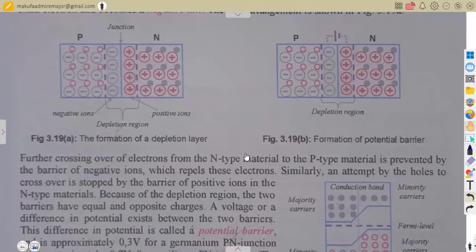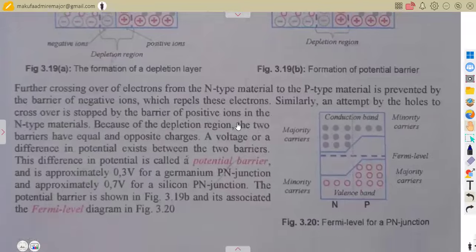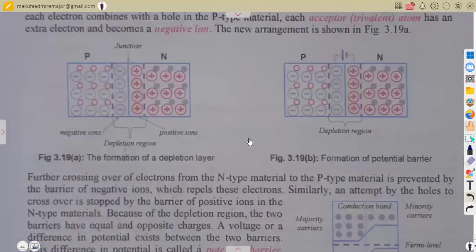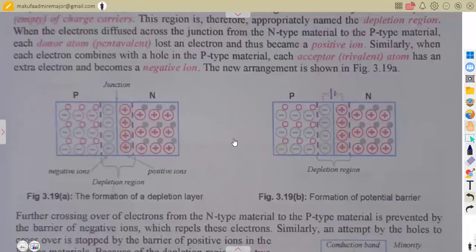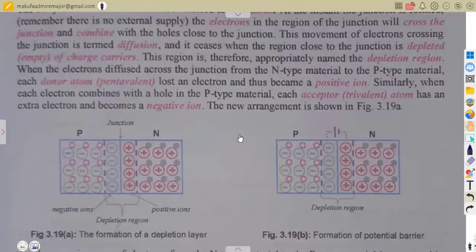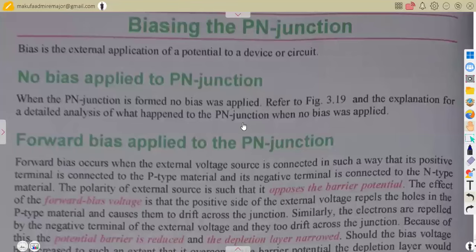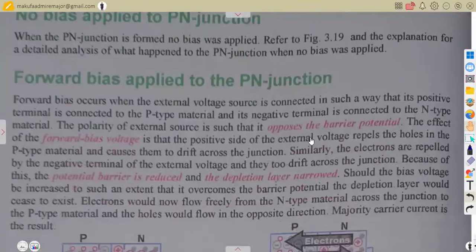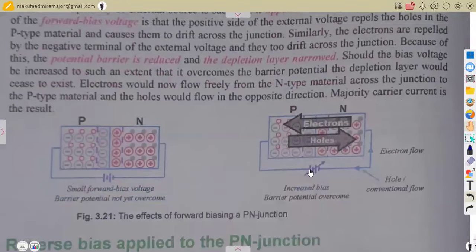If you go through your textbook, I think you can understand much better. And the question papers that we are going to have will add more to our understanding, and also the biasing of the PN junction.